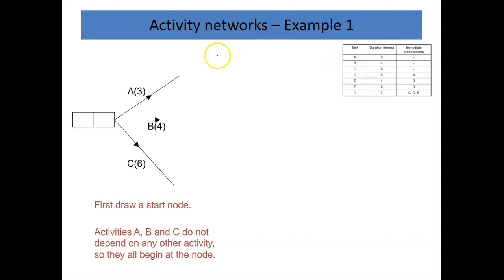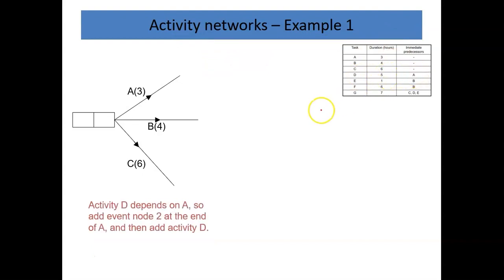And the general form of this is you write your activity, you put the length of the activity in brackets, and you put an arrow to show which way you're going. So you'll notice that I already said that D can happen, but only after A. So I need a box here, this double box again, and then D can happen. And what happens next?